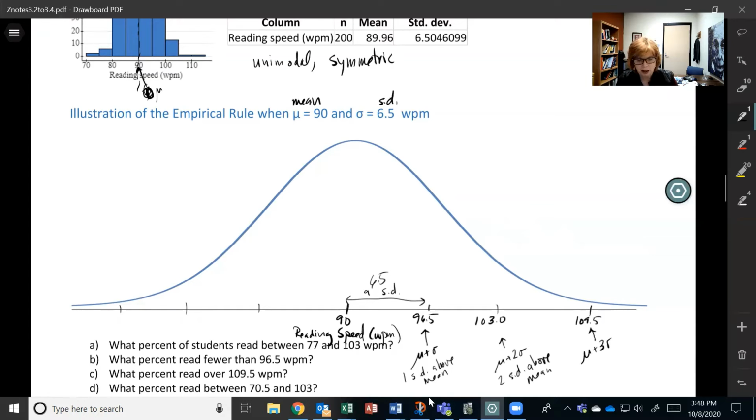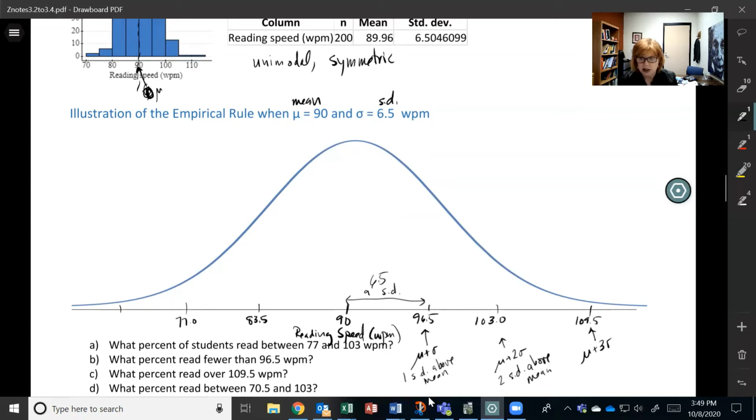Now I'm going to subtract. This unit is the same, so I'm going to subtract 6.5. That's going to be 83.5 words per minute. I'm going to do another 6.5, and that is 77.0.